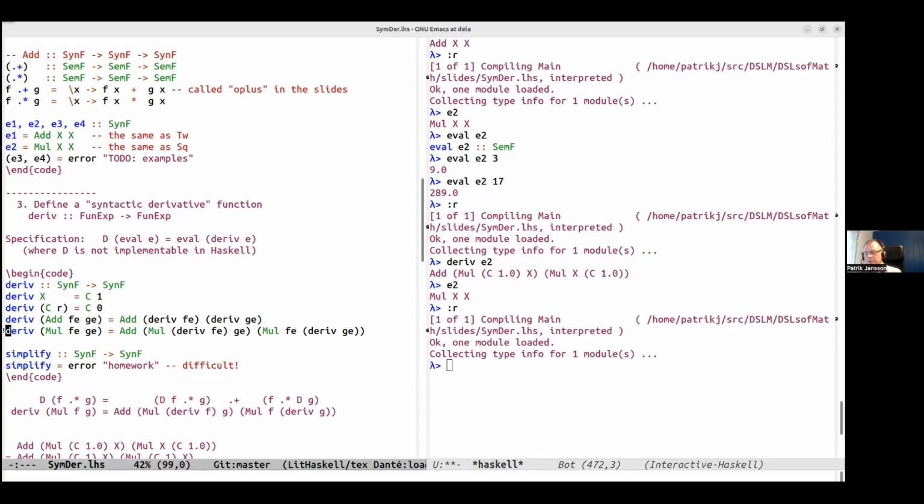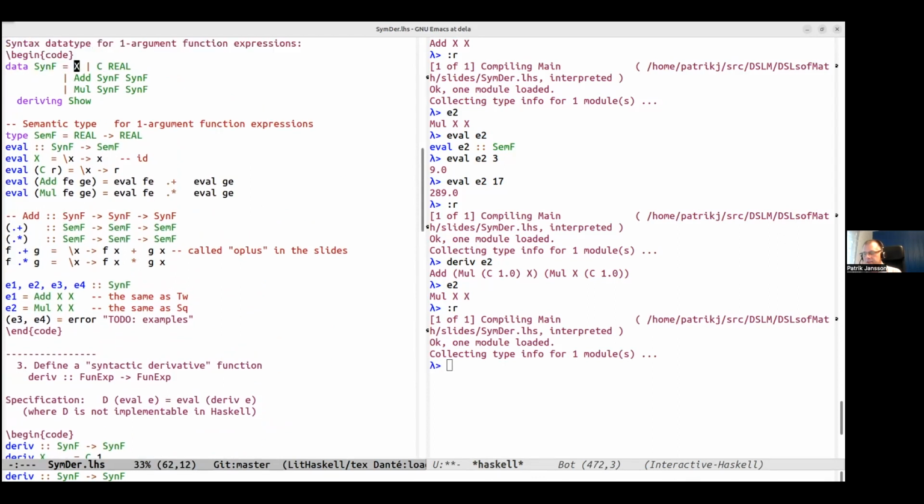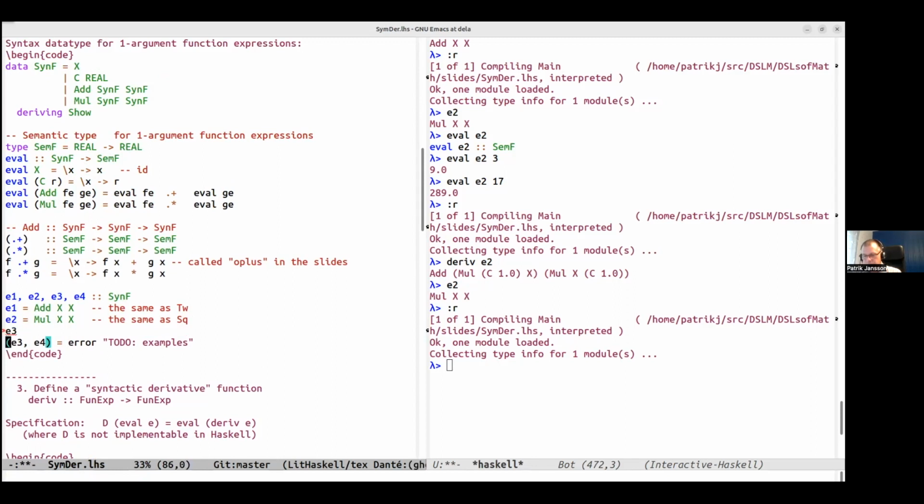So we have implemented up here a data type which has x, constants, addition, and multiplication. So we can write rather complicated expressions. Perhaps I should give E3 and E4 as other examples as well. So let's say now we add the multiplication of E1 and E2 with, well, x or whatever, and then we say we multiply E3 by E3.